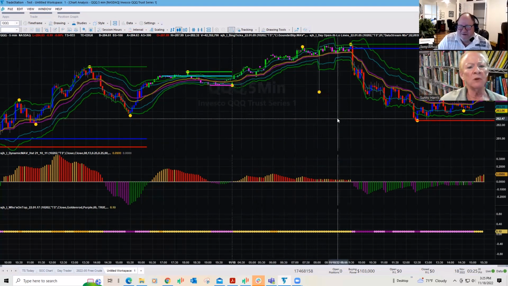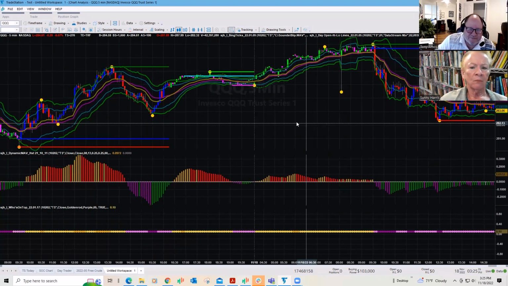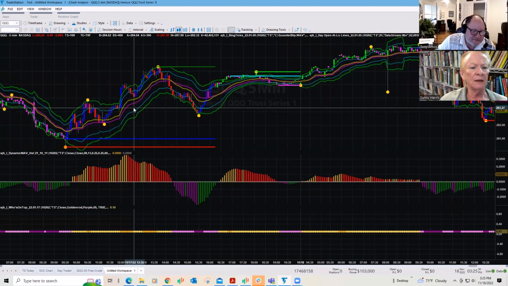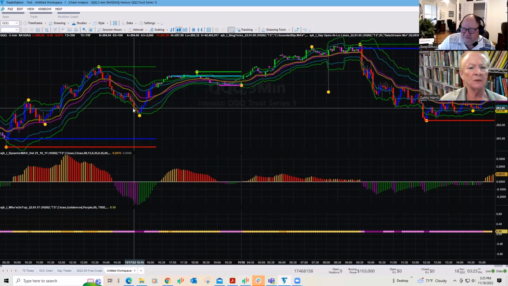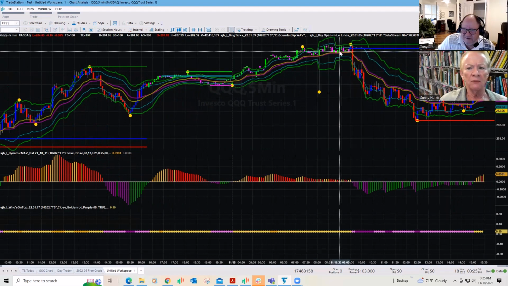But that first couple of hours is usually sideways. I used to trade till 7 o'clock at night, and I just found that it wasn't productive, because it goes sideways in a little narrow channel for a while.